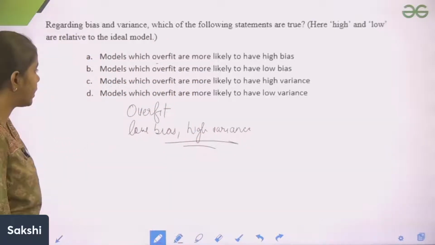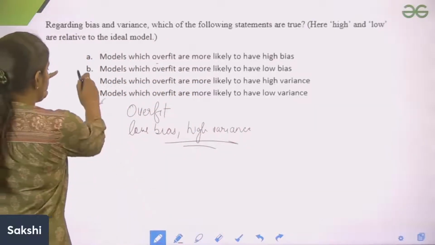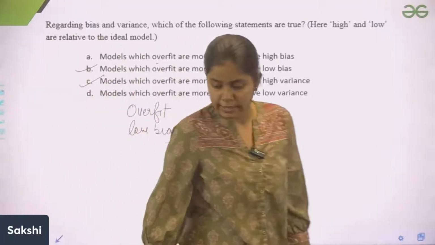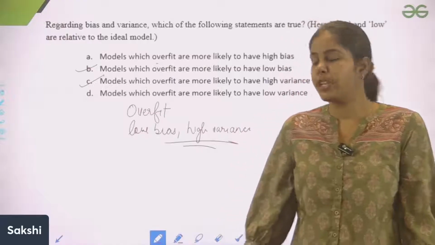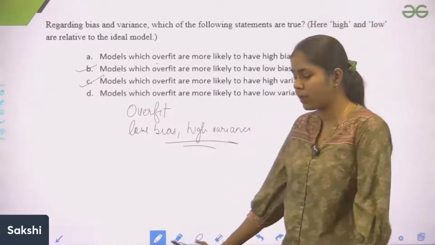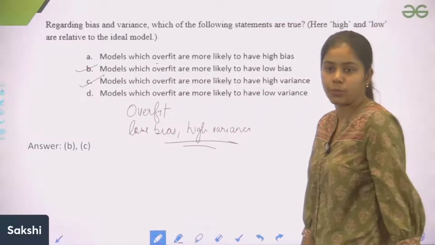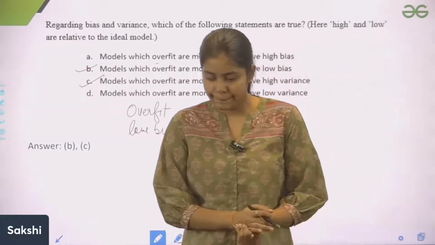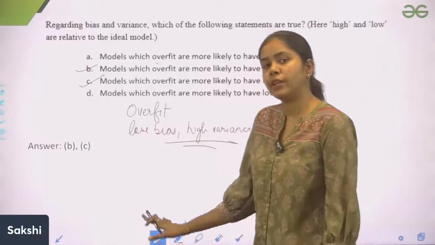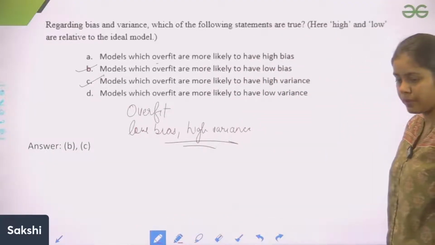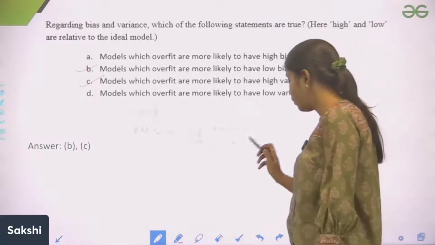Low bias, high variance. So C is correct. So B is correct, C is correct. So two options are correct here, B and C. Simple question, right? So B and C are my correct options. Let me know if anybody has confusion in this question. If not, let's quickly move to the next questions.